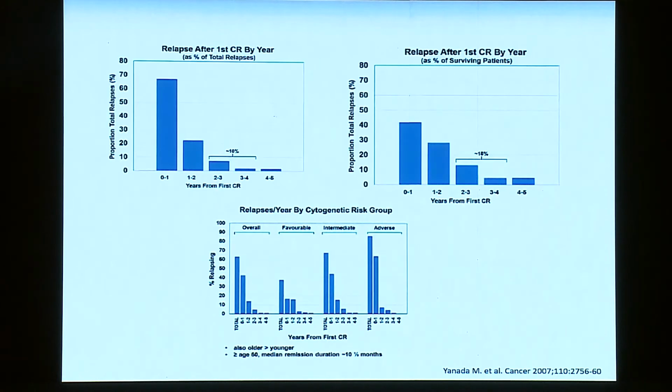If we go to this 2007 study from MD Anderson, this is what we tell our patients in daily practice: what is the chance of relapse in the first 2 years? Usually the relapse happens in the first 1 or 2 years, and the chance between 2 to 3 years is around 10%.